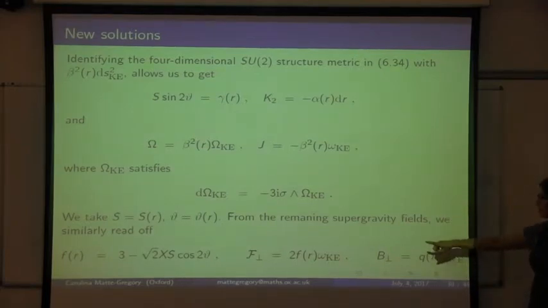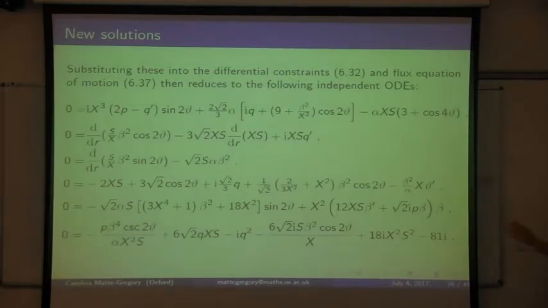And my fields all look like this. Now, if I get these things and plug them into those differential constraints that I had before, then they simplify to this. This is like in one slide. So they are first order differential equations, they're coupled, but they don't look that bad, and you can solve them, not analytically, unfortunately, or not that we managed to.